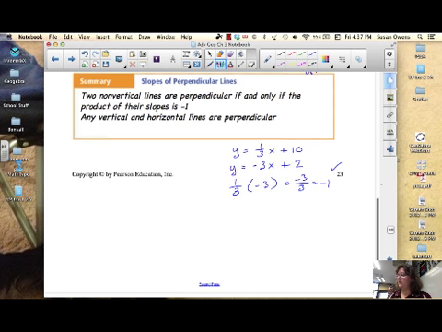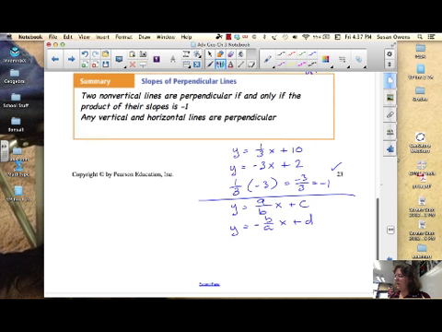Now I can show that this works for any two lines that have opposite reciprocal slopes. If I say y equals a/b x plus c, the second line couldn't just have a slope like d/e, it would have to be the opposite and reciprocal, -b/a, plus whatever.